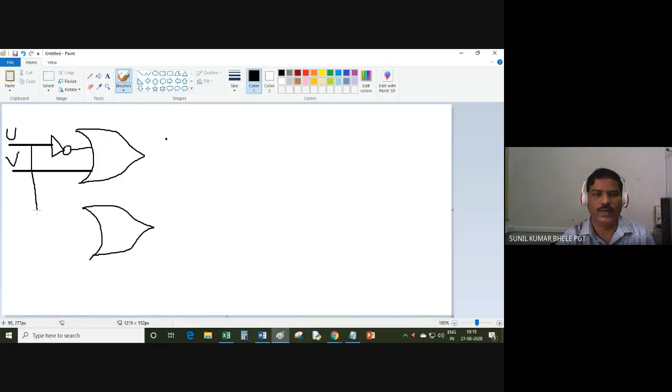So U I am passing here through one NOT gate, and then V through one more NOT gate, and the output of this OR gate goes inside the AND gate.